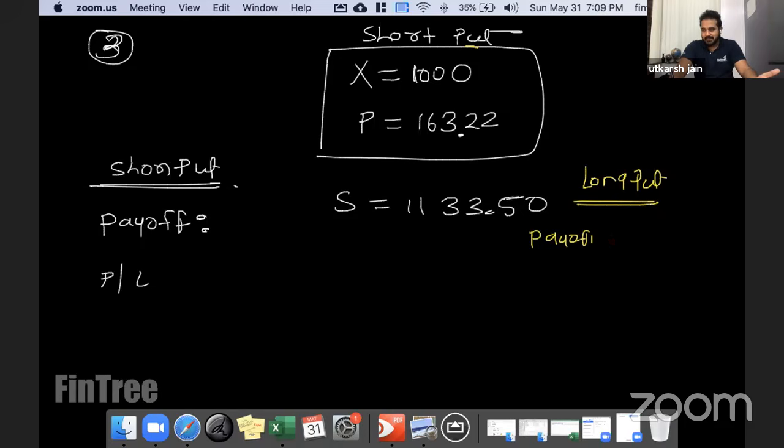If the option is not exercised, we call it out of the money. We're not going to exercise. It's an out of the money option. So payoff is 0 because we're not going to exercise. There's no transaction. But unfortunately, I paid a premium of 163.2. That's your loss.